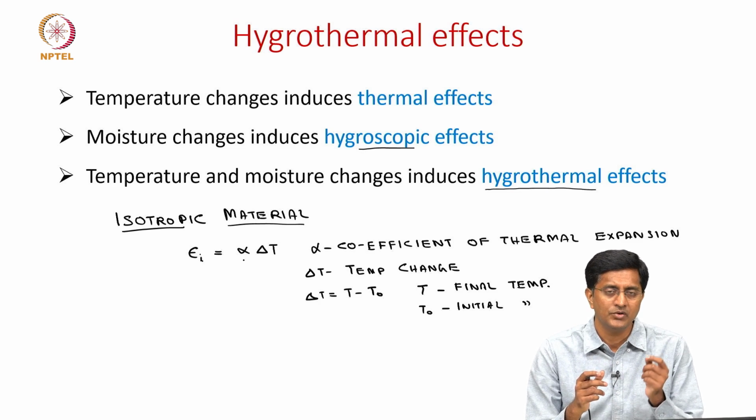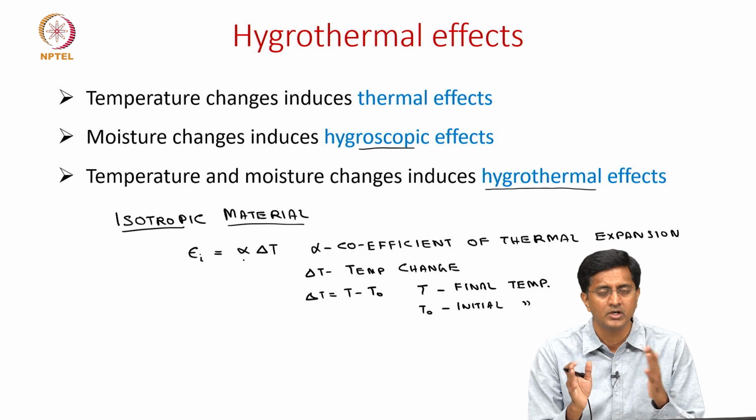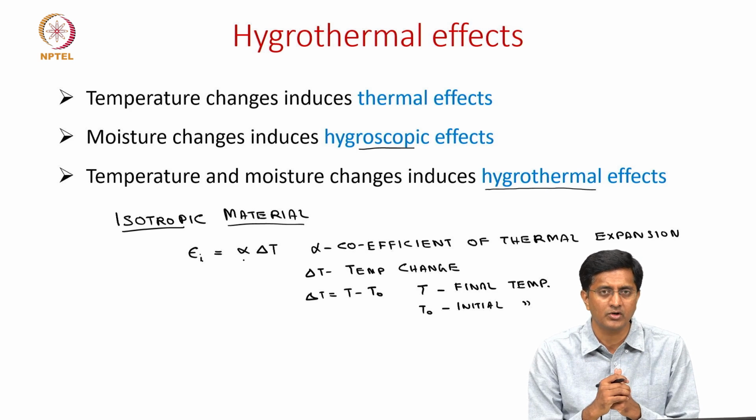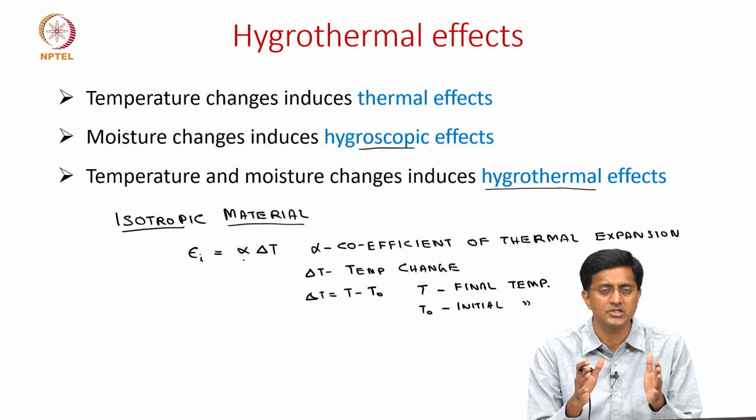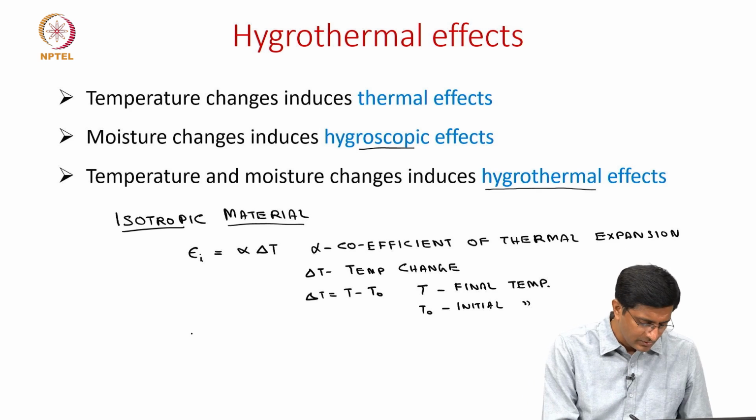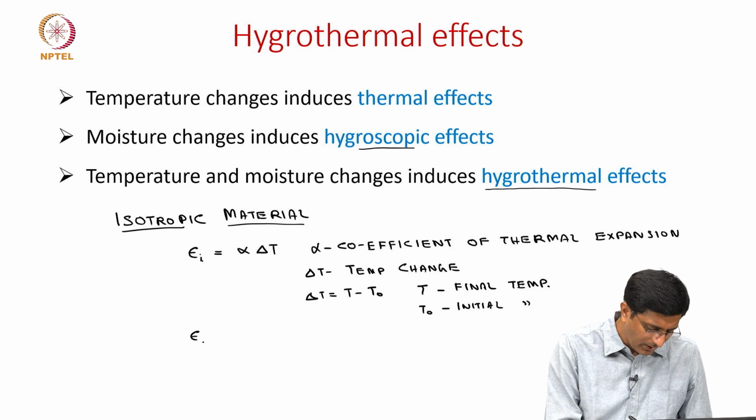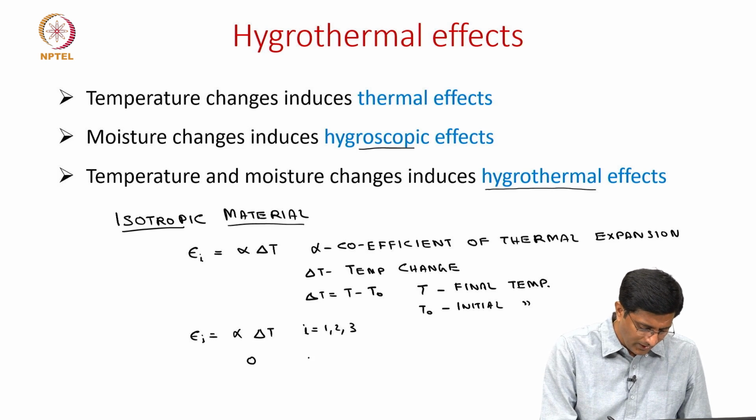But if we consider the shear strains, all those components go to zero, meaning there is no distortion in shape of the unit infinitesimal cube we are talking about, but there is only change in the size of it. So we can write it as epsilon i is equal to alpha times delta T, where i equals 1, 2 and 3, but equals 0 when i equals 4, 5 and 6.